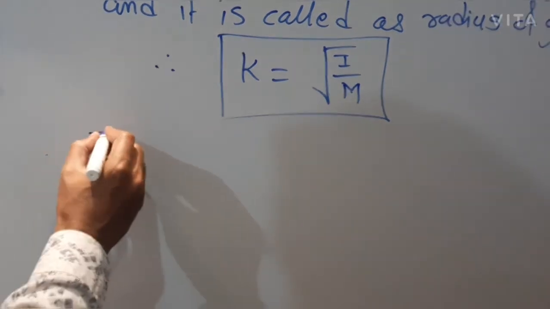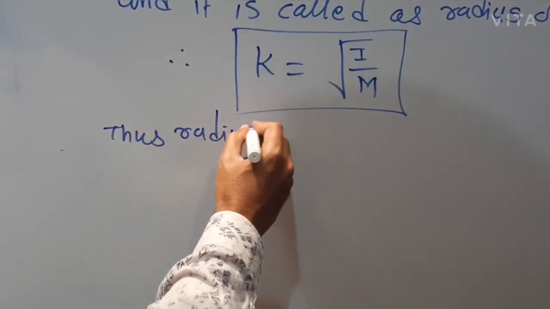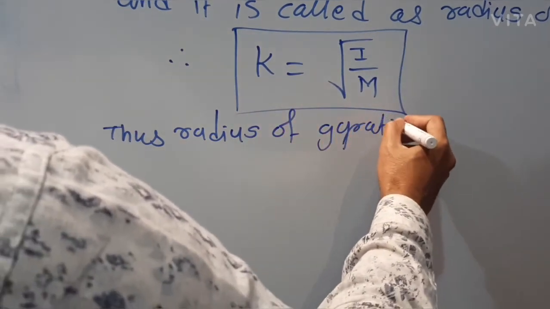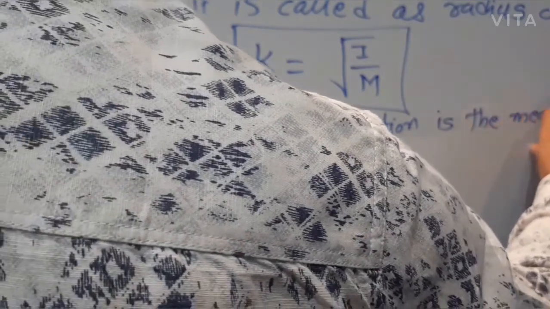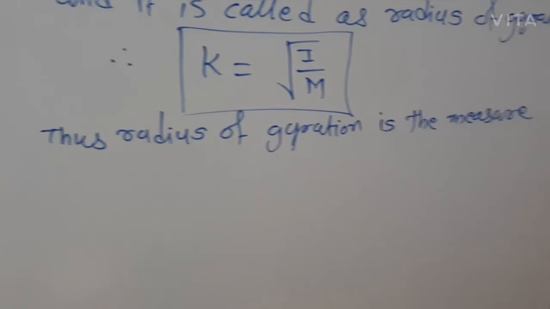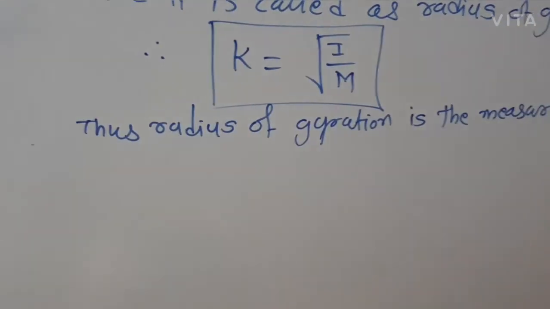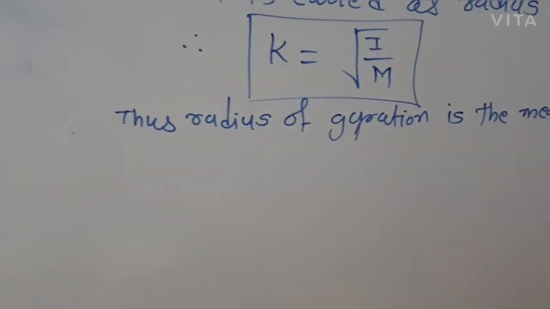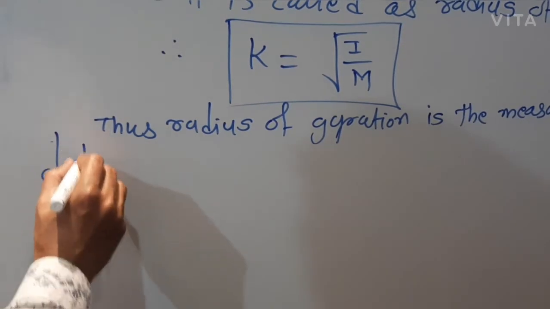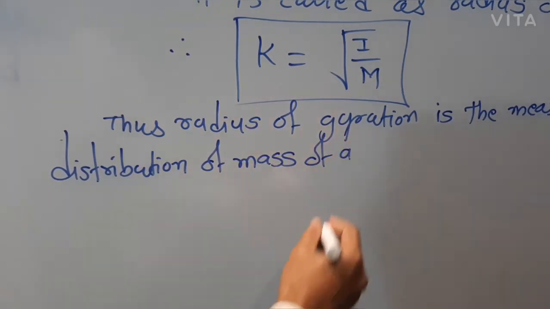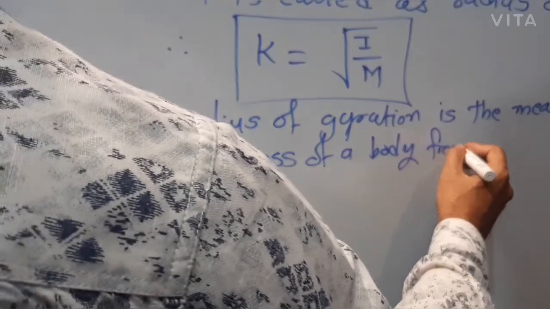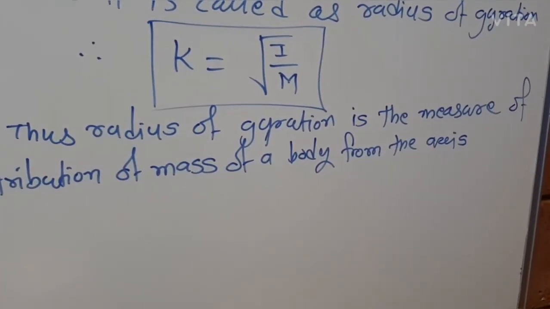And thus the radius of gyration, this is the main physical significance. Thus radius of gyration is the measure, like MI, of distribution of mass of a body from the axis of rotation.